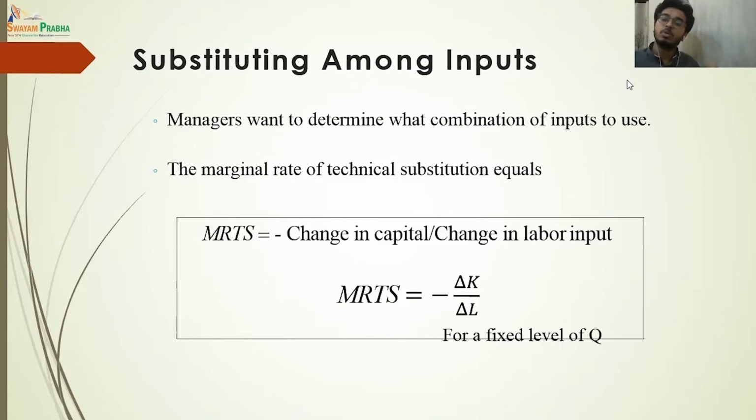If I need to stay on the same isoquant, producing the same quantity of production, then I must substitute labor and capital. That means if I am recruiting more labor, I need to give up certain capital. The same thing is happening if I am recruiting more capital. I also need to give up a certain number of labor, right?